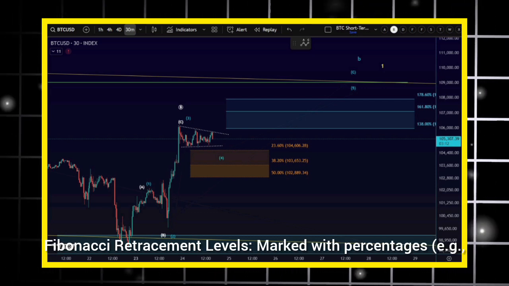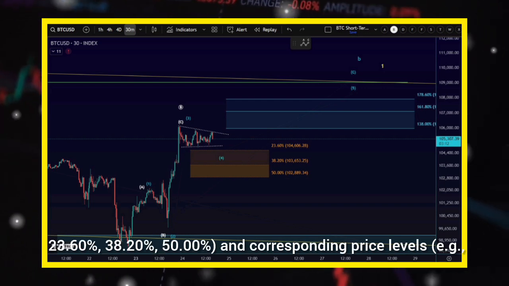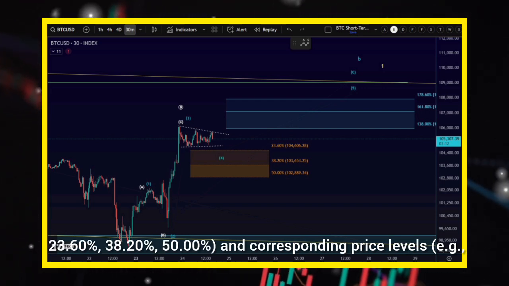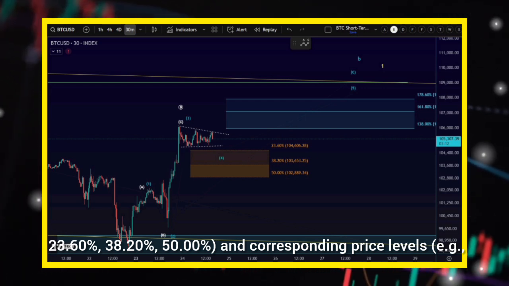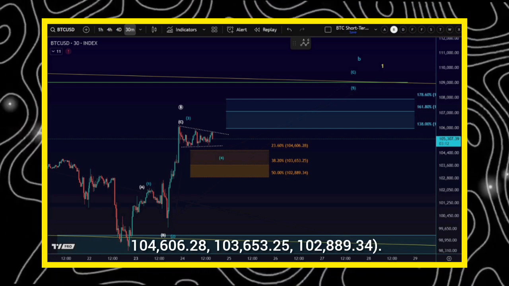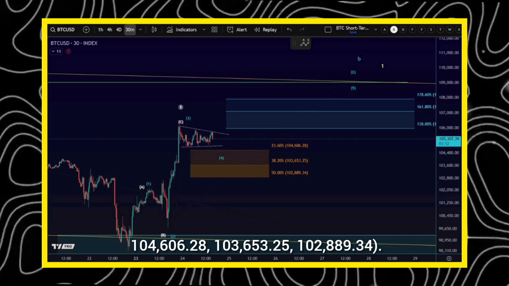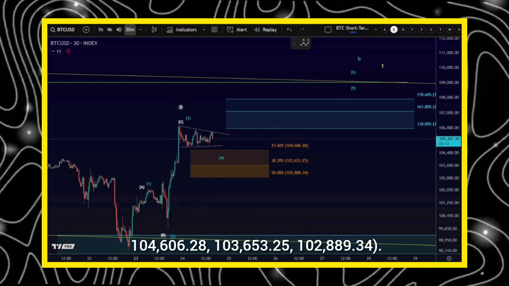Fibonacci retracement levels, marked with percentages, for example, 23.60%, 38.20%, 50.00%, and corresponding price levels, for example, 104,606.28, 103,653.25, 102,889.34.